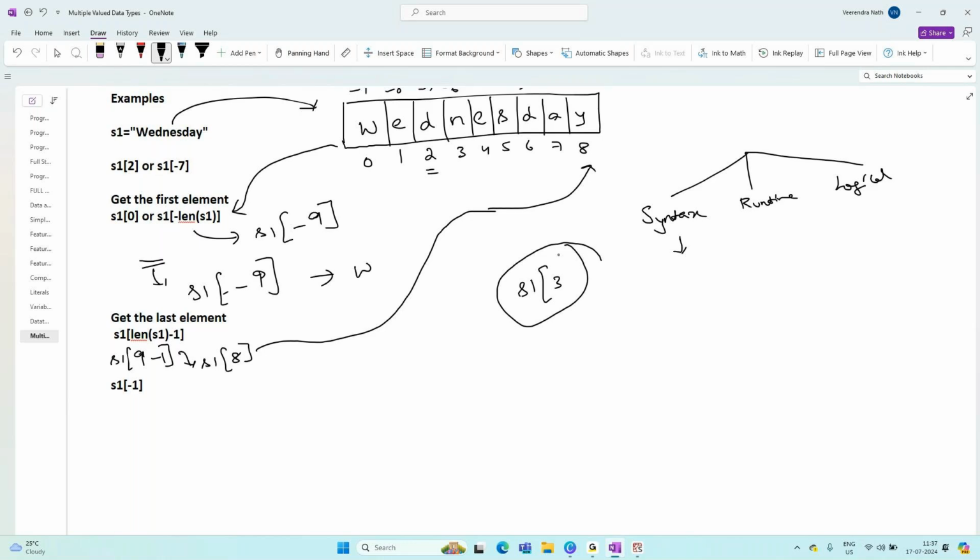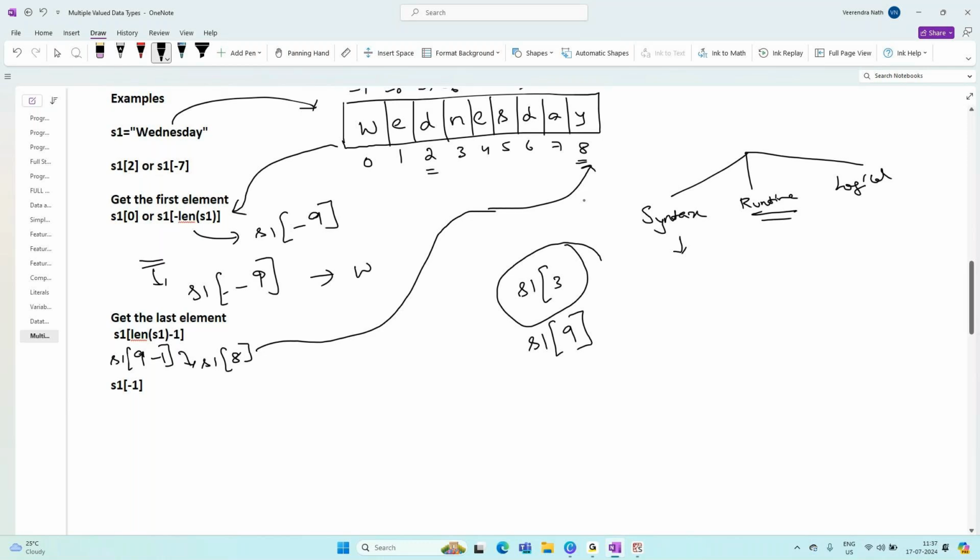Point number two, runtime error. Just now I asked you one simple question: S1 of 9. You will get a runtime error. Why? Because the system will not be able to fetch that value. S1 of 8 means up to index 8 only I can fetch.